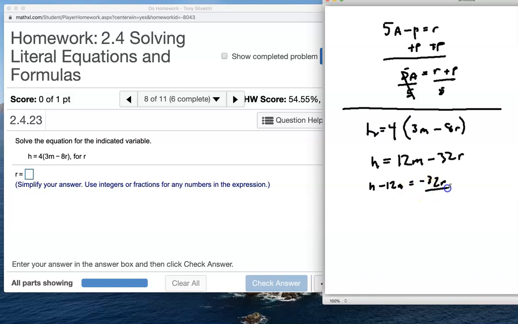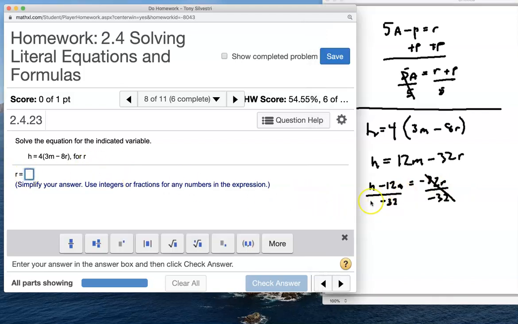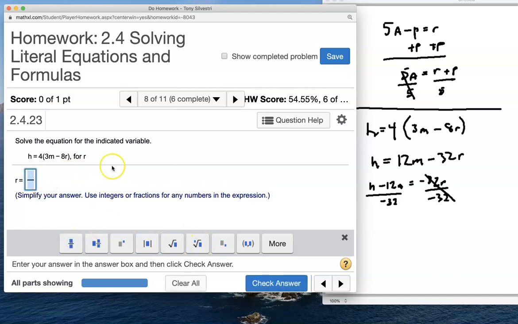And now I'm going to divide by negative 32 both sides. Divide by negative 32. And the negative 32's cancel, leaving you with r. R equals this. R equals that. Don't worry about the negative sign. If it doesn't take it, I'll show you what you need to do, but I think it'll take this.